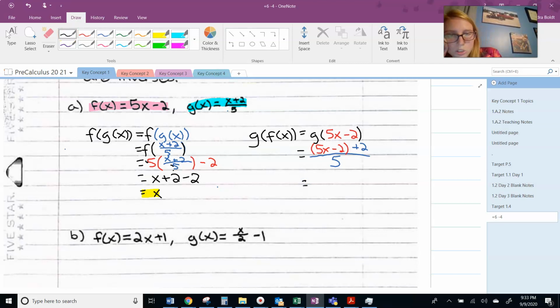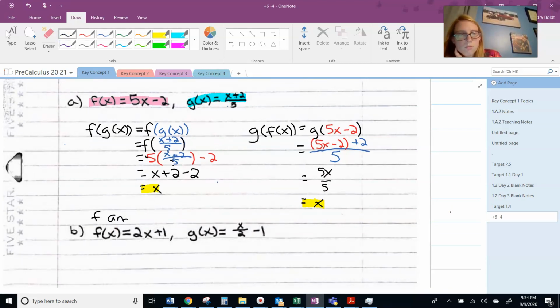Well, 5x minus 2 plus 2 is 5x. 5x over 5, and 5x divided by 5 is x. So f and g are inverses.